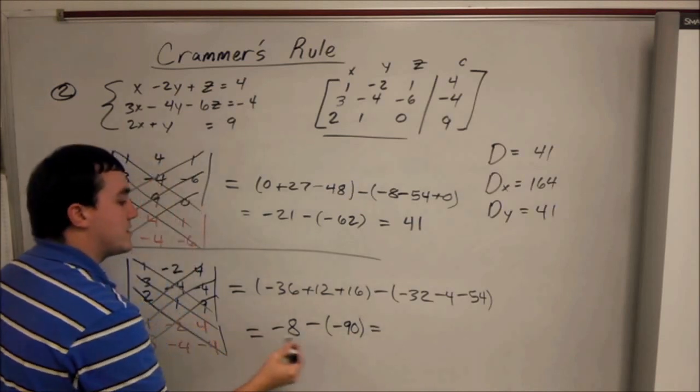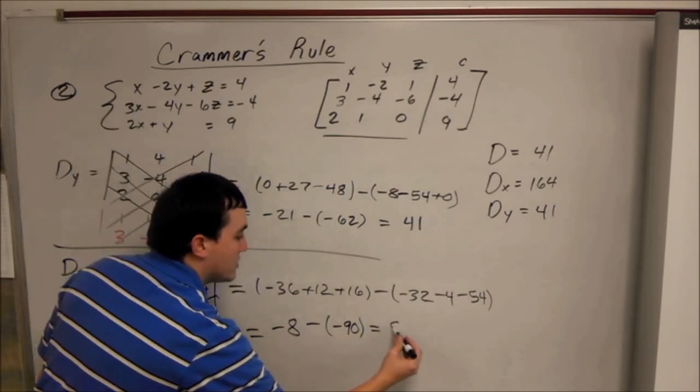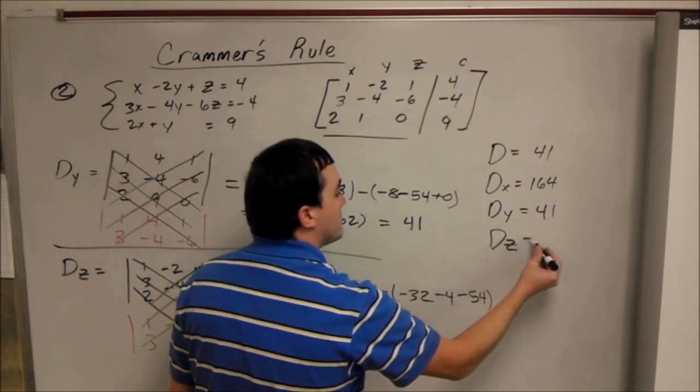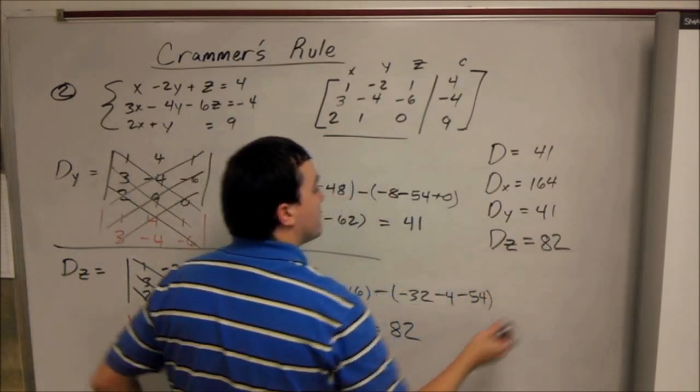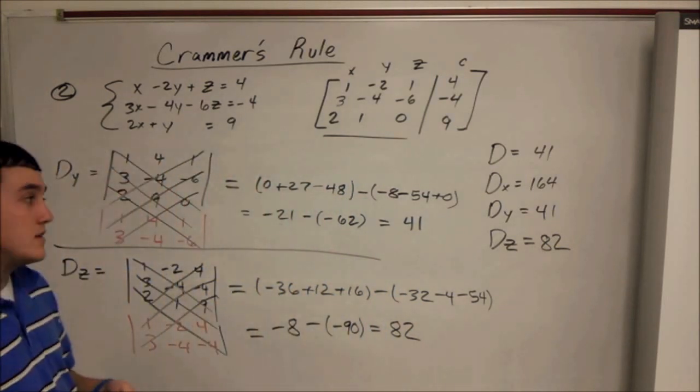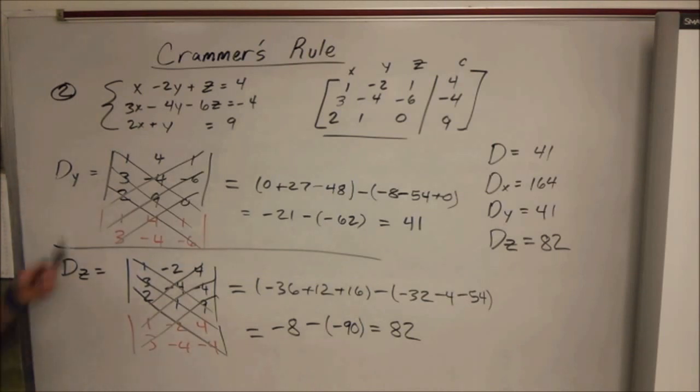So we have 90 minus 8, which is 82. So dz is 82. Now once you get good at this, this is actually a pretty useful way to solve matrices like this, and even 4x4s.